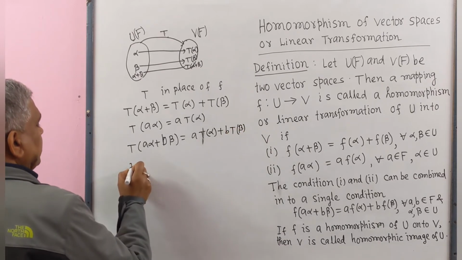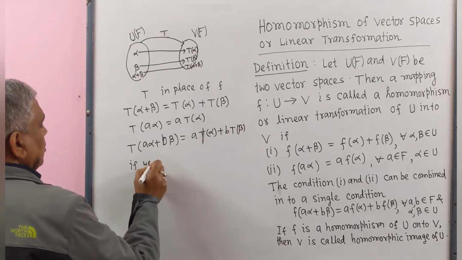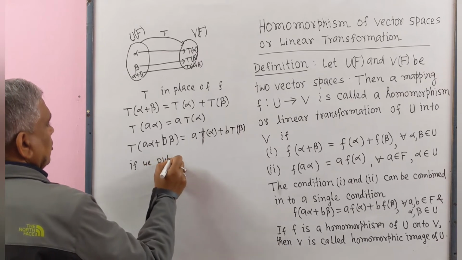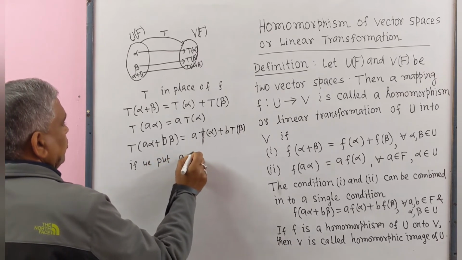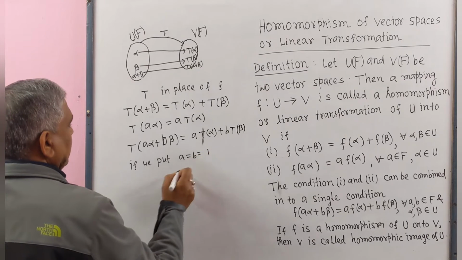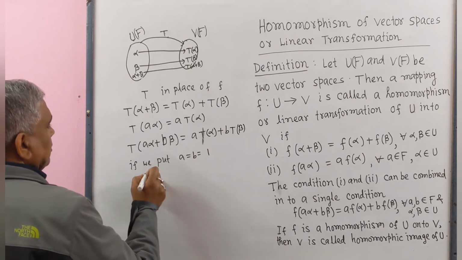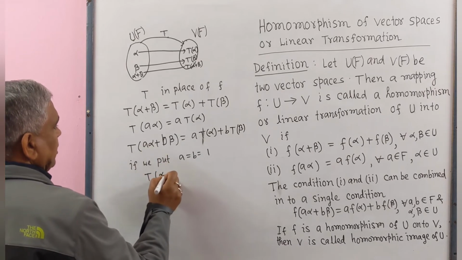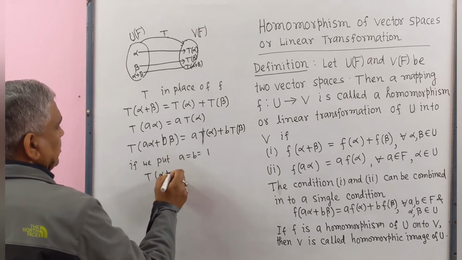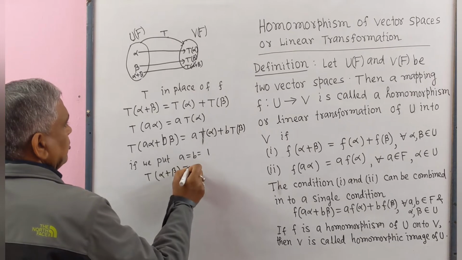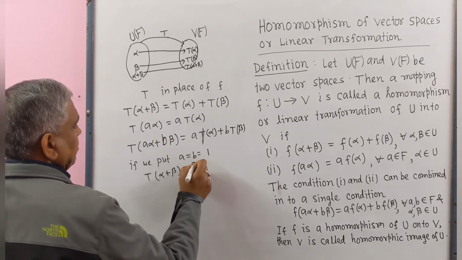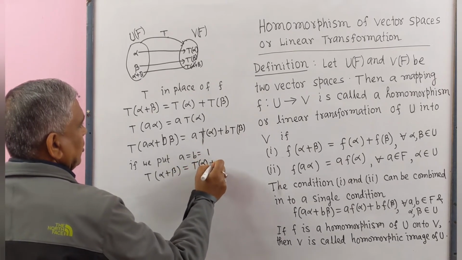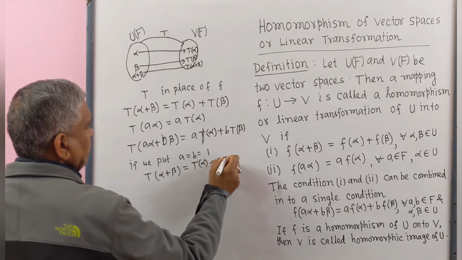If we put A equal to B equal to 1, then we get T(1 alpha), meaning alpha, plus 1 beta, meaning beta, equals 1 times T(alpha) plus 1 times T(beta).